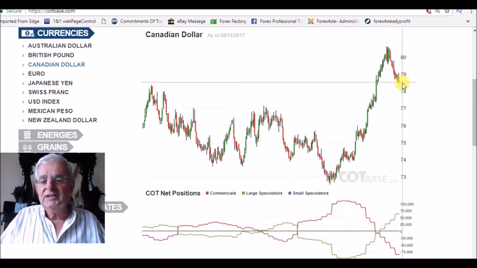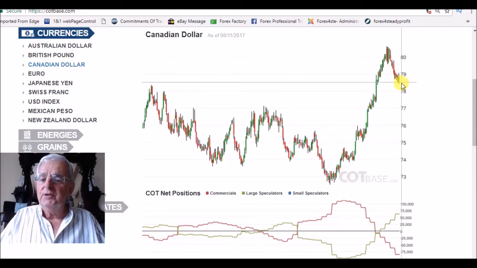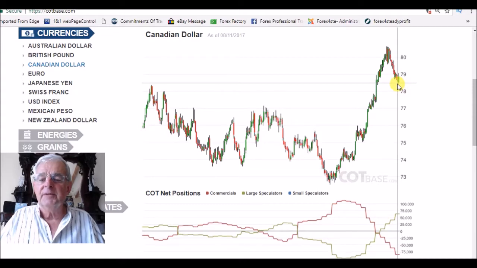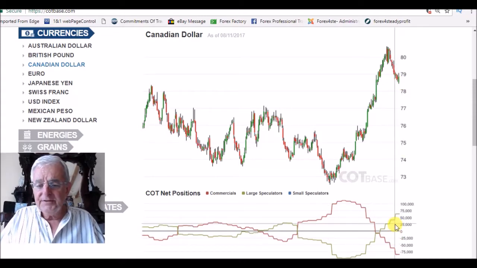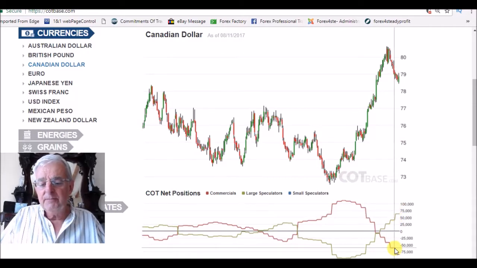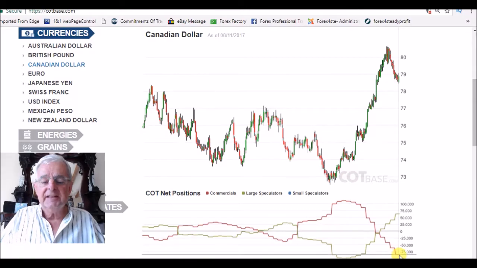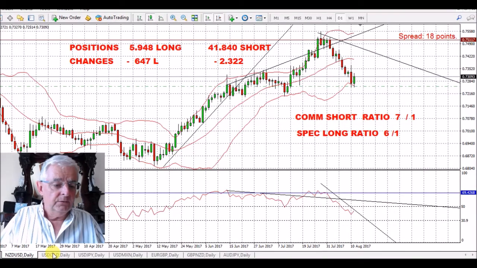So the USD Canadian dollar has actually been gaining strength. We came up to support on Friday and sort of bounced off it a little bit. That was historic support. But the speculators have added to the longs, and the commercials have added heavily to the shorts. So let's go over to the chart and have a quick look.